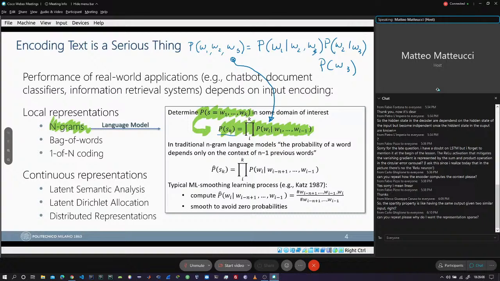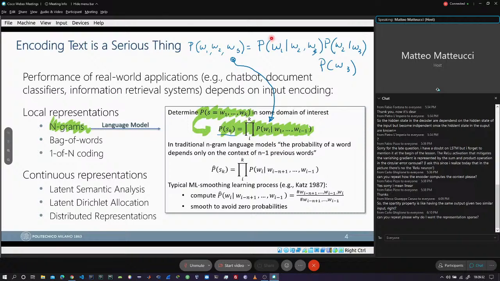Okay, now to compute this probability, you need to compute the probability of one word given all the other words in the sequence, which is this one, times the second given all the others, times this.